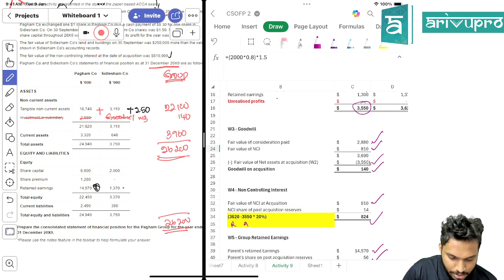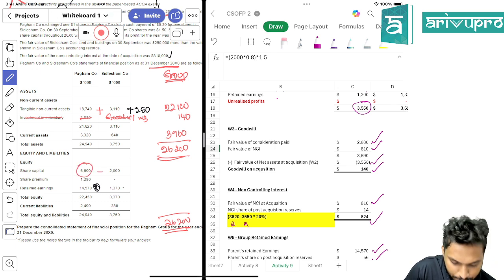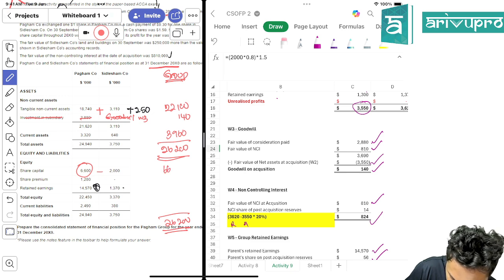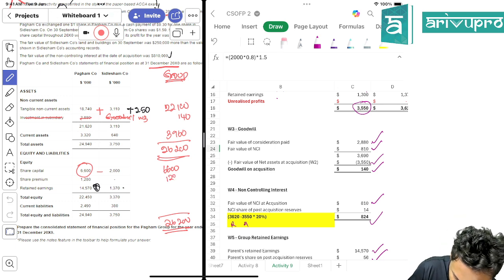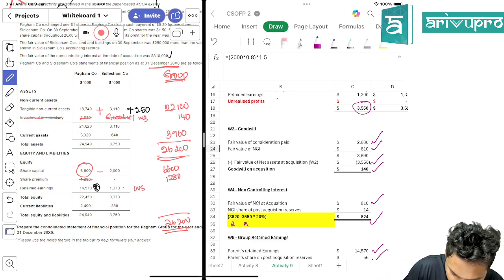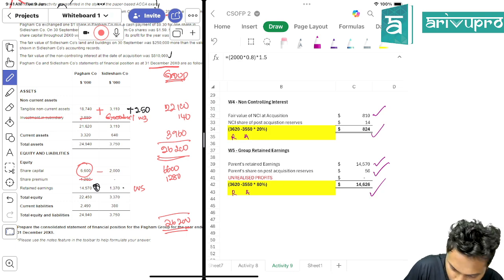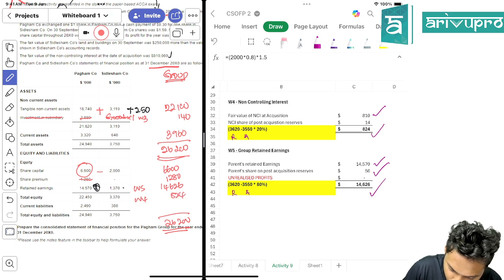Let's check. Share capital: you need to take only the parent's share capital, so that is going to be 6,600. Share premium, only the parent's, 1,280. Then retained earnings, that is our working 5, which is 14,626. Then you need to take your working for non-controlling interest, that is 824.